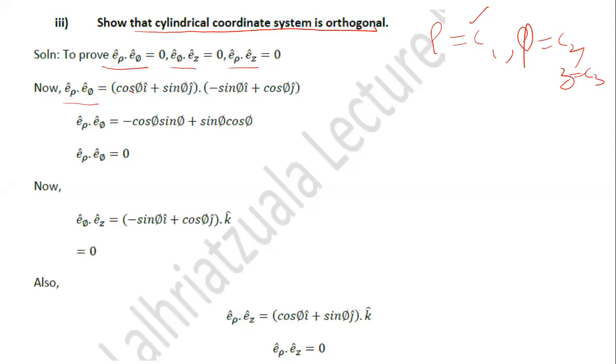You will find that i dot i is 1, i dot j is 0, so you will get minus cosine phi sine phi, and similarly for this, and it will be 0. If you perform the dot product of this, it will be 0. If you perform the product of this, you will find that it is 0. That means all the tangential unit vectors in the cylindrical coordinate system are mutually perpendicular, and therefore it is an orthogonal system.